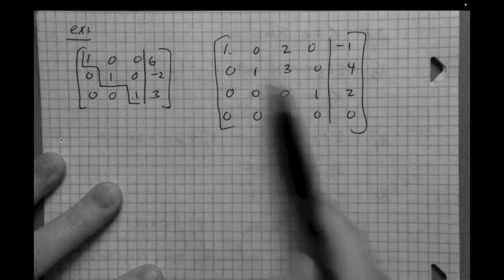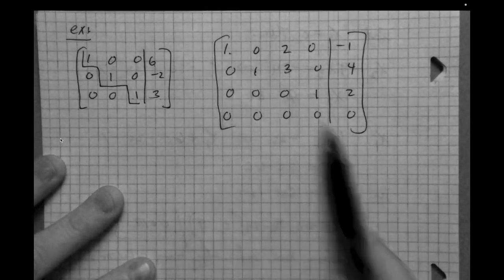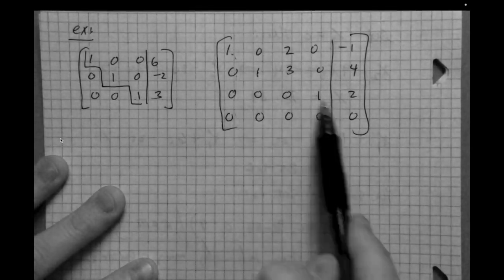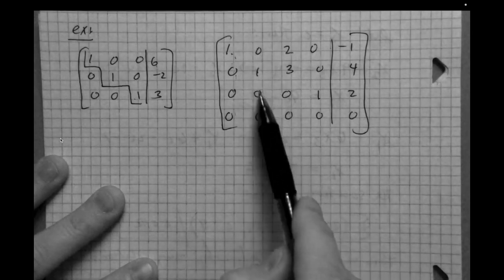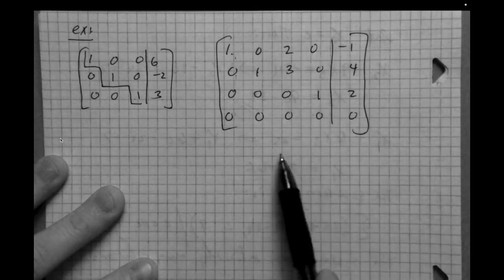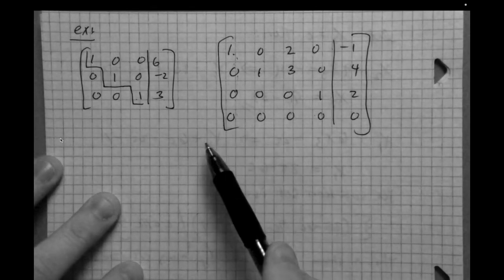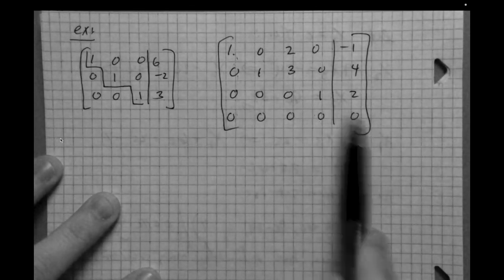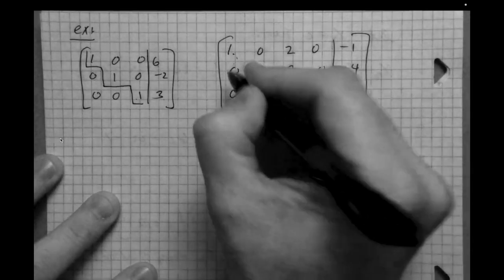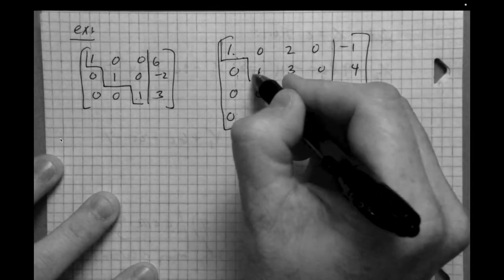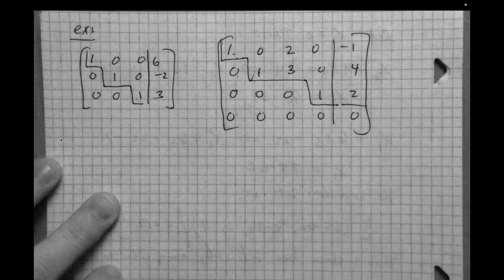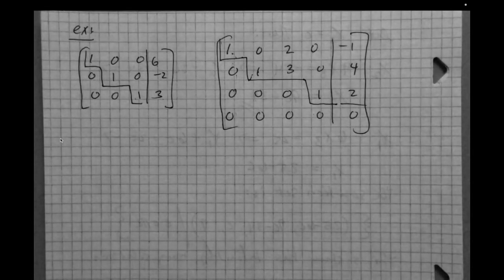All of your pivots are on the diagonal, right? Everything above and below the pivots is 0. You do have a non-zero column here, but that's a non-pivot column, so that's okay. You do have an all 0 row, and it's at the bottom of the matrix. You can see the stair step here, and you've got the zeros at the bottom.